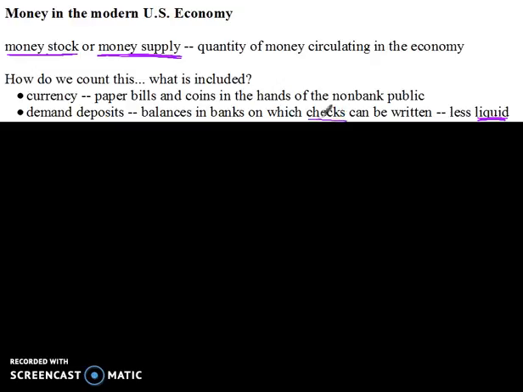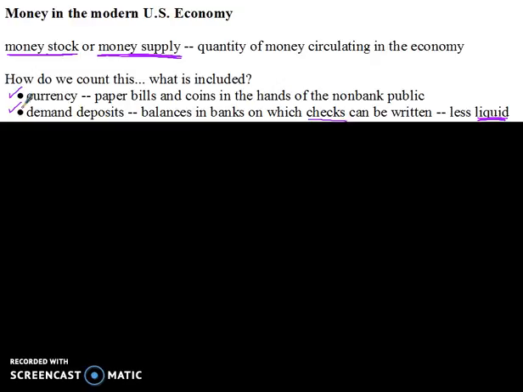So checking accounts are a little less liquid than cash, but we typically think of them as liquid enough to call money. So we are going to count currency as money, and checking accounts too.